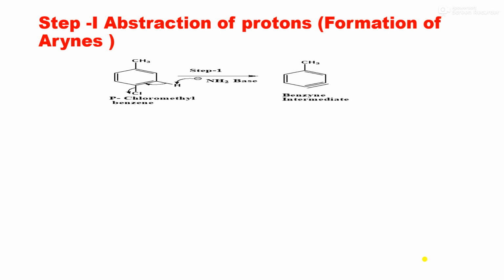This mechanism is studied like this. The first step consists of abstraction of a proton, forming an arene. So friends, what happens here? This is para-chloromethyl benzene, and this nucleophile abstracts the proton, and this bond gets shifted between this carbon and this carbon.